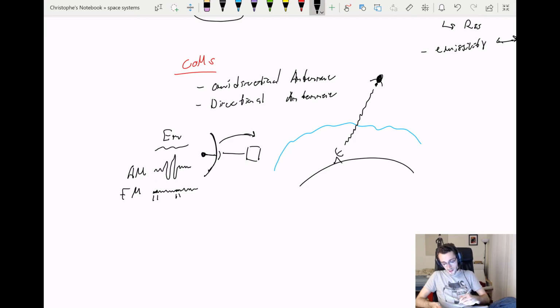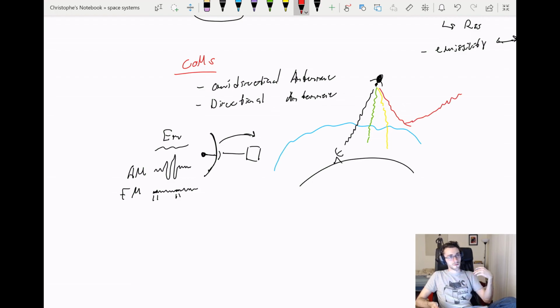Well, the thing is that specific frequencies are absorbed by our atmosphere. So certain frequencies might not even make it all the way to the ground. Some frequencies might lose strength through attenuation, so they might be very weak when they hit the ground, or sometimes they just reflect off.